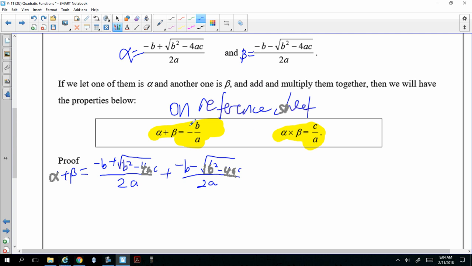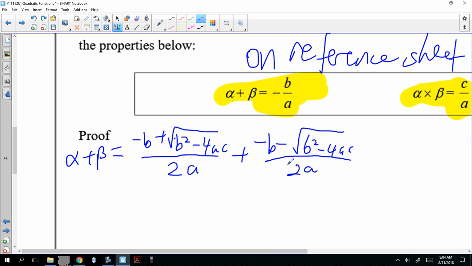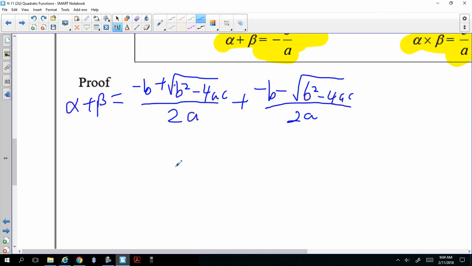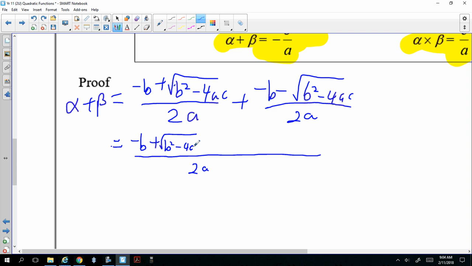Okay, so we can actually prove that it works. Continuing on, due to the fact that they have the same denominator, we can put them on a common denominator. Equal, draw a long line to 2a, and we get minus b plus root b squared minus 4ac plus negative b minus root b squared minus 4ac. Yeah?